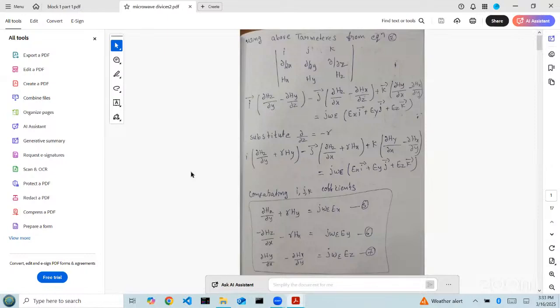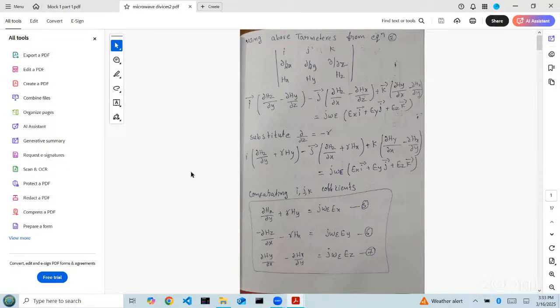Del cross H. I am writing that del cross H as a matrix multiplication in terms of I, J, K; dou by dou X, dou by dou Y, dou by dou Z; and HX, HY, HZ.